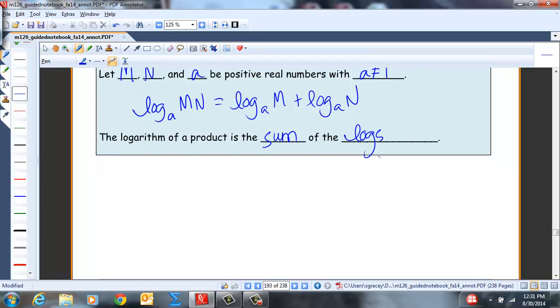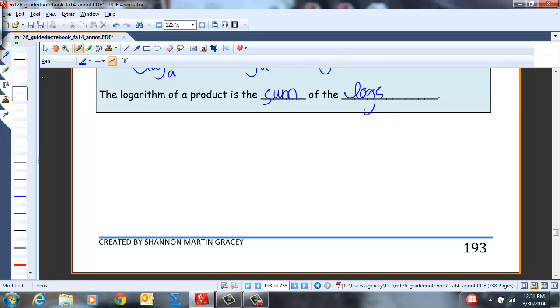So let's show why this is true. So proof. Let's let x equal log base a of m, and let's let y equal log base a of n. So what happens when we switch those to exponential form?